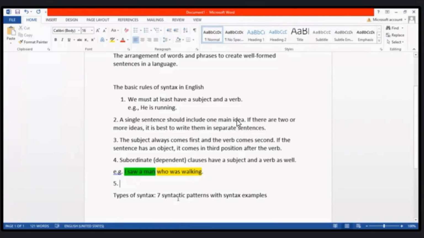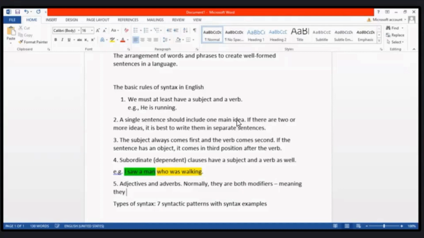Adjectives and adverbs. Normally they are both modifiers, which means they describe something. They are both modifiers, meaning they are descriptors; they describe something.